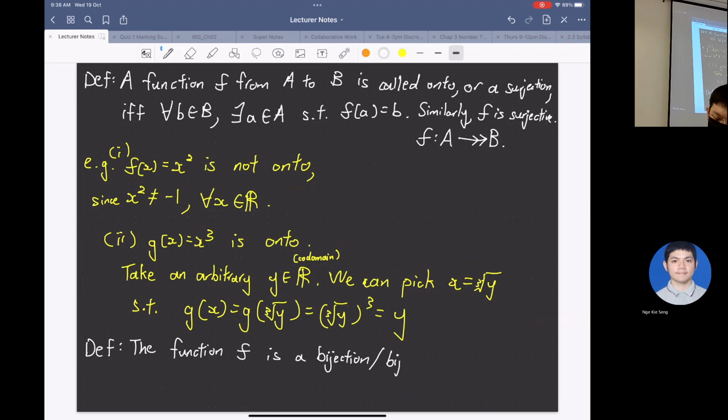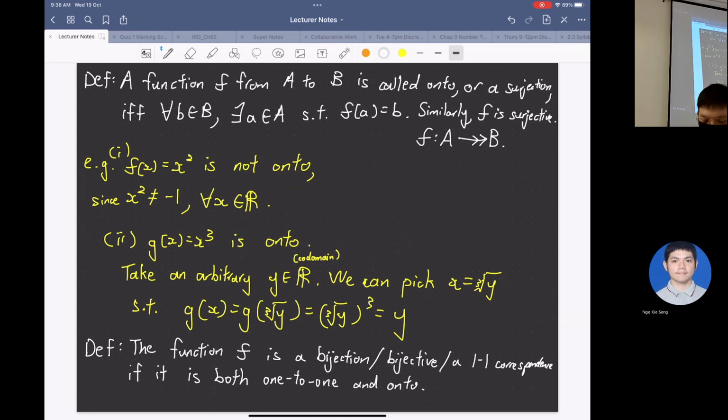It is bijective if it is both one-to-one and onto.